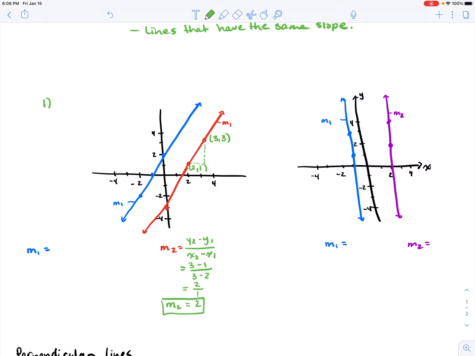Now, let's take points on the blue line, or M1 line. Let's look at these 2 points. So we have the point (-1, 0). And of course we have this point here, which is (-2, -2).